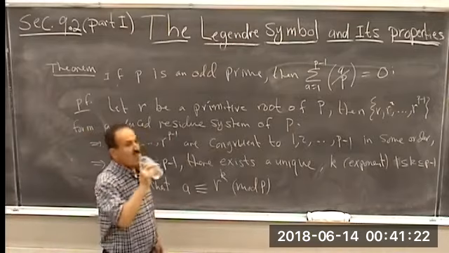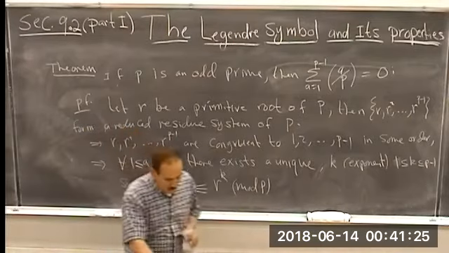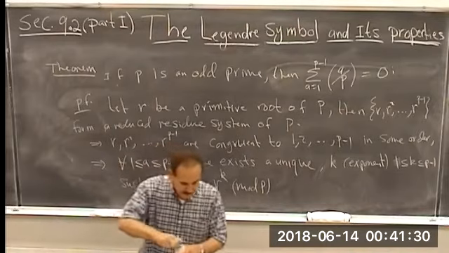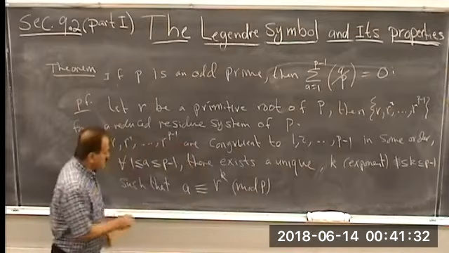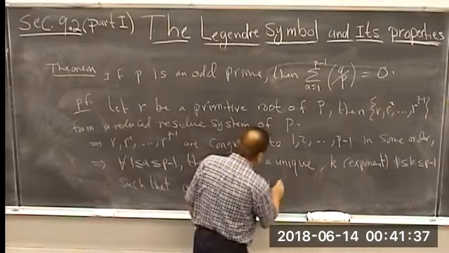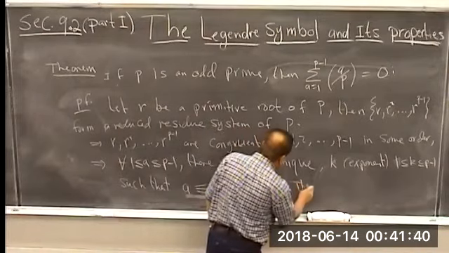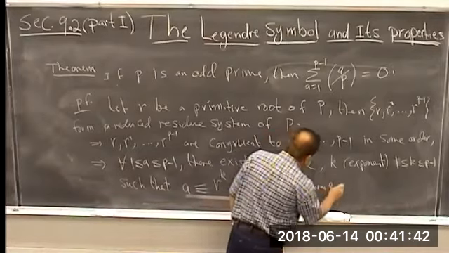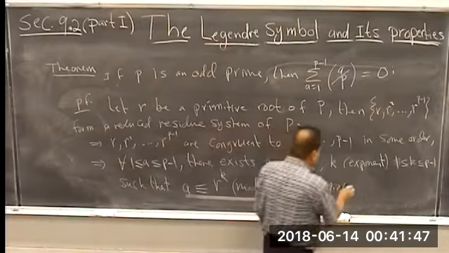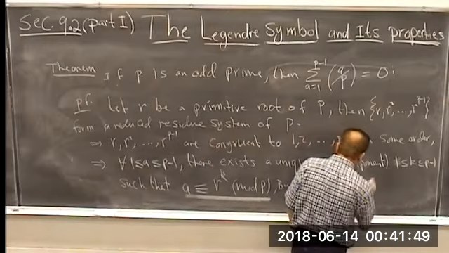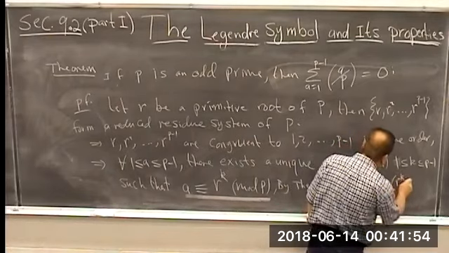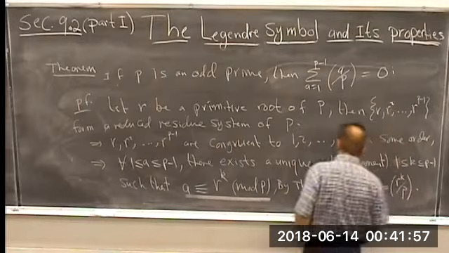Now by theorem 9.2, since these are congruent to each other, the first property implies that the Legendre symbol A by P is the same as R to the K by P. So they have the same value.